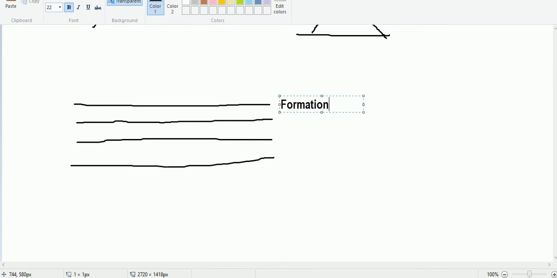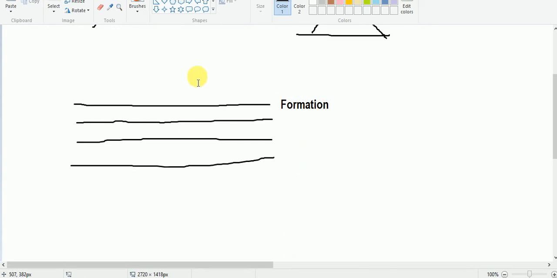A formation is a thin layer which was formed during a particular geologic time. Generally we find the newest one on the top and the oldest one at the bottom. So this is a formation, and this is another formation. I am just drawing it for explanation. You need not go into details.